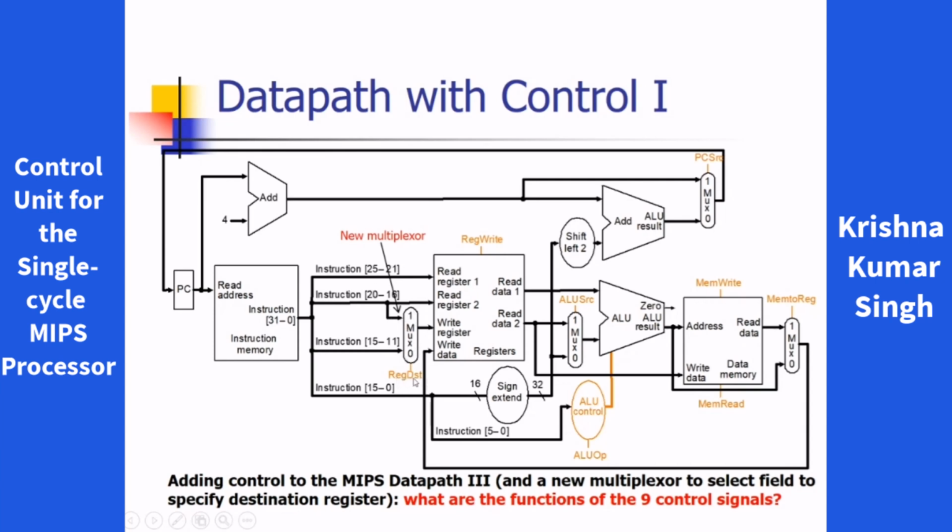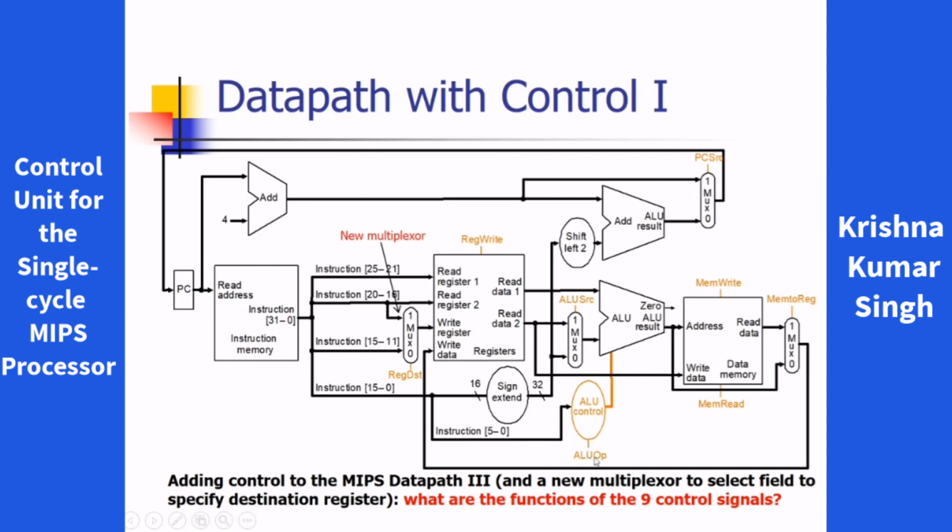So if you check it, you will see that we have 9 different control signals in this data path. The RegDst, this one. But also RegWrite, ALUSrc, PCSrc, MemWrite, MemRead, and ALUOp, which is 2 bits, and MemtoReg.